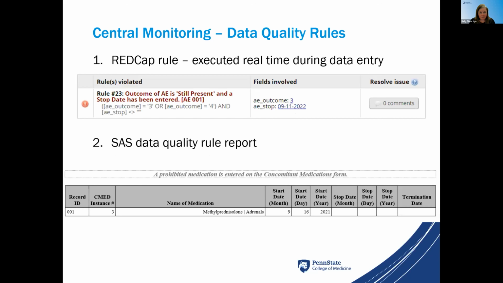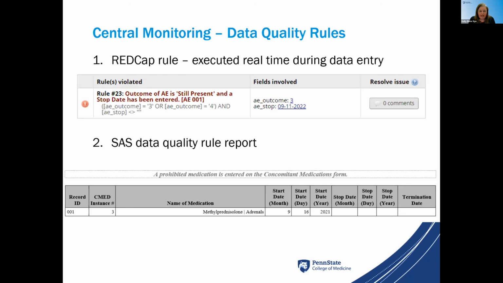To take a deeper dive into central monitoring, we'll look at some data quality rule examples. So REDCap allows data quality rules to be executed real time during data entry. This is an example of a data quality rule that would come up for an adverse event update. So the clinical research team has added a stop date to an AE, and the outcome is still marked as still present.